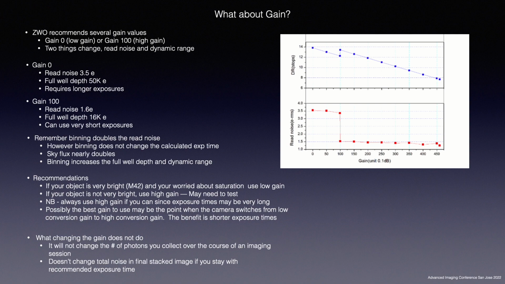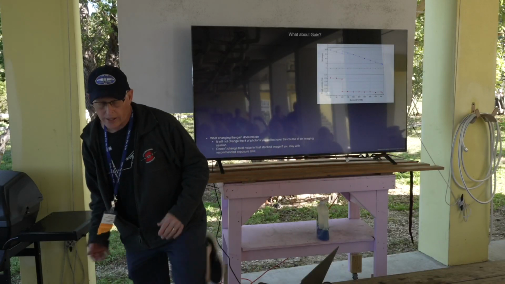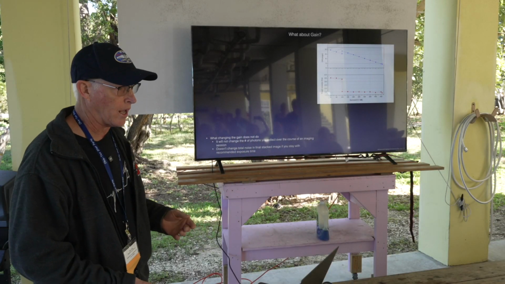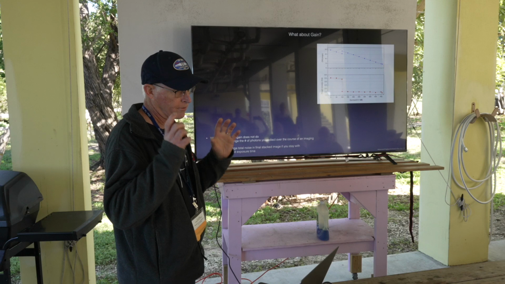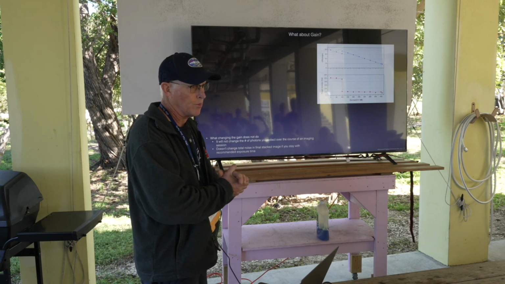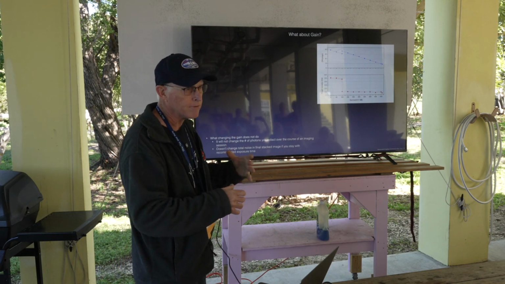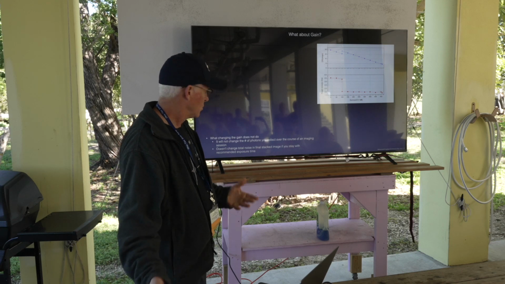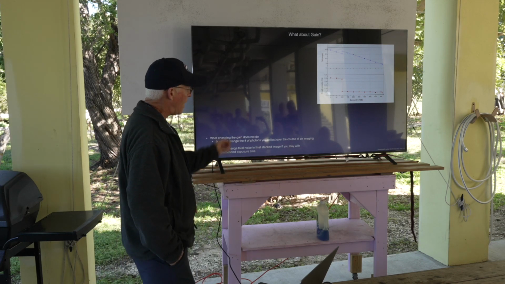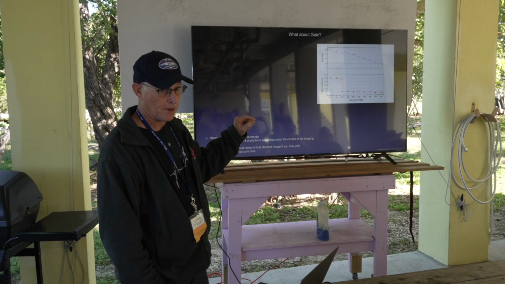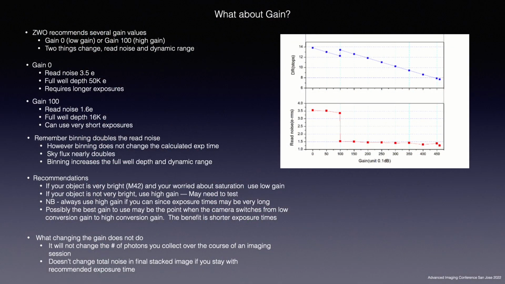For me, it's gain 100. If you use a QHY camera, it's going to be something different. I don't know the exact values that they use, but I think somebody told me it's around gain 25, 26, something like that. That is the most efficient place to be, and it makes your exposure time really short. The problem sometimes is, what if you're shooting a really bright object like Orion and you want to get the inner core?